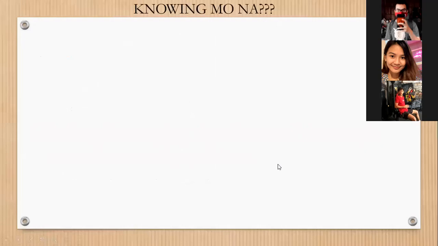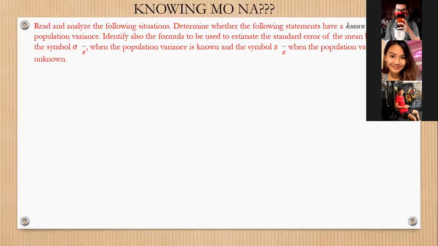Okay, let's have this activity. Knowing muna. Okay, so we need to read and analyze the following situations. Then you will tell me whether each situation has a known or unknown population variance. So that's the first thing that you have to do, to identify whether the population variance is present in the situation or not.